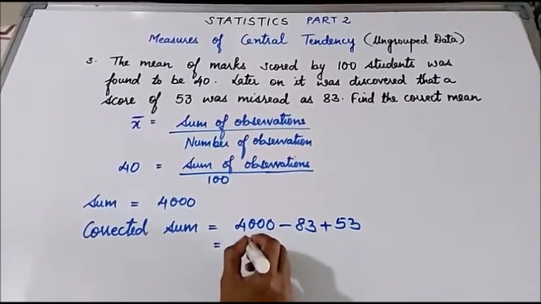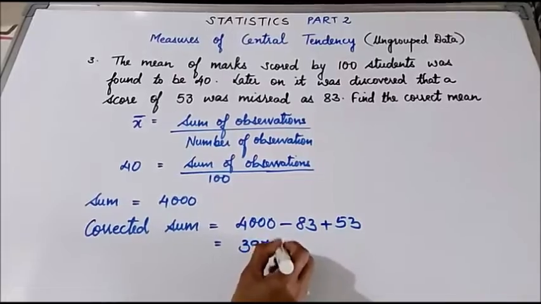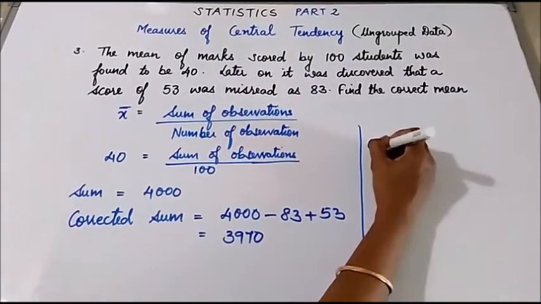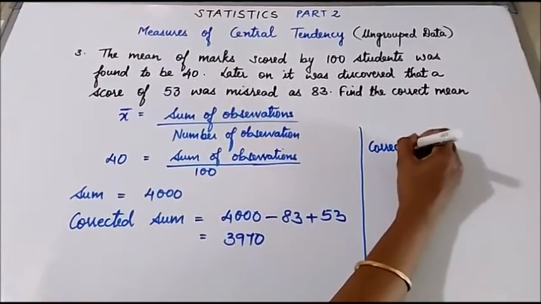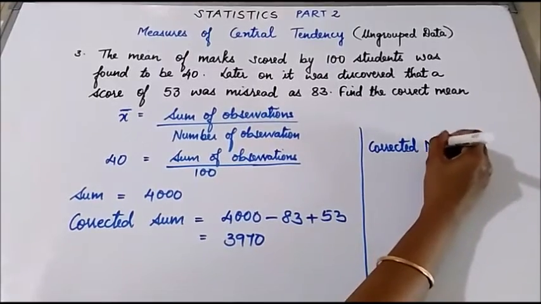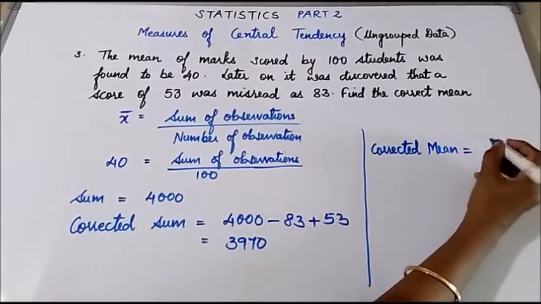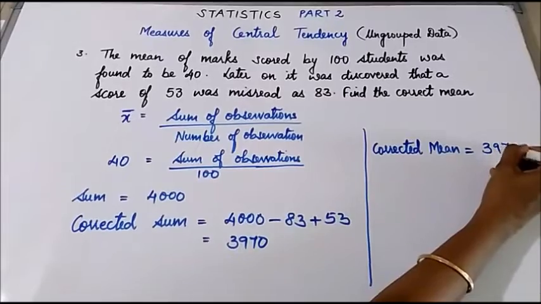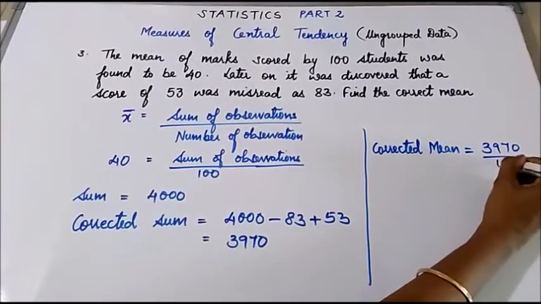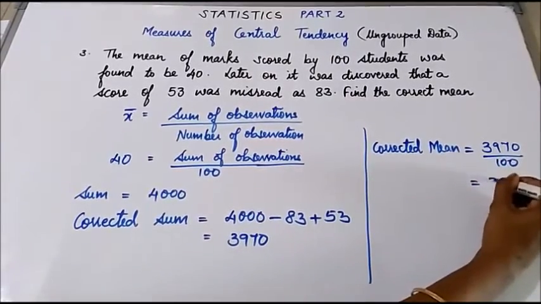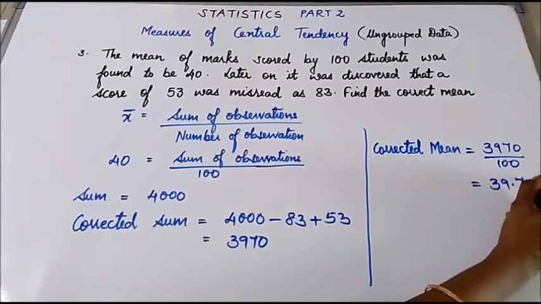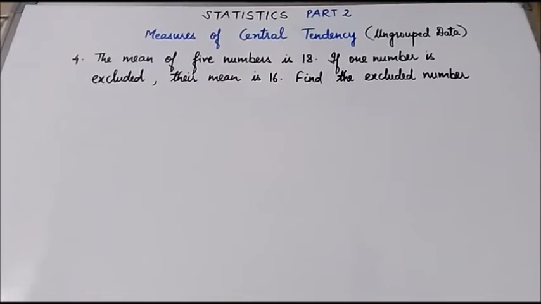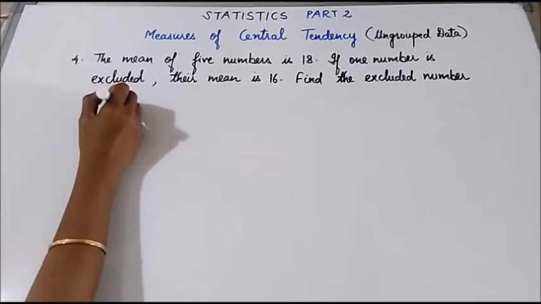This will give us 3970. So now what will be the corrected mean? The corrected mean will be the corrected sum, that is 3970, divided by the total number of observations, that is 100. We will get here 39.7.